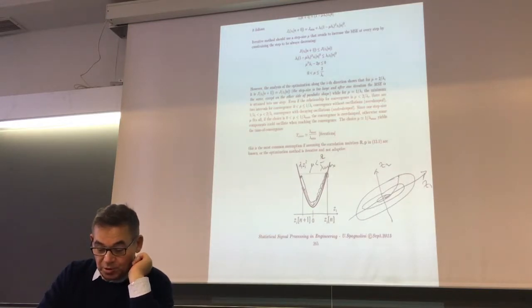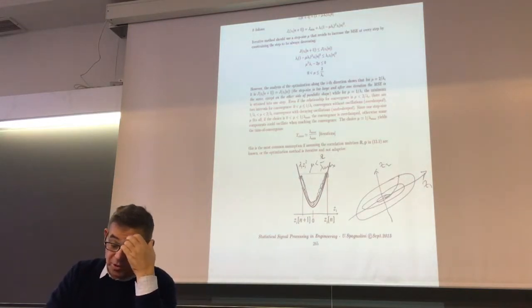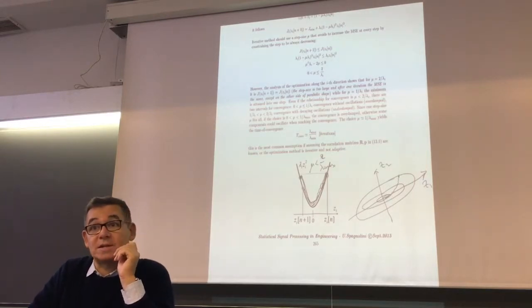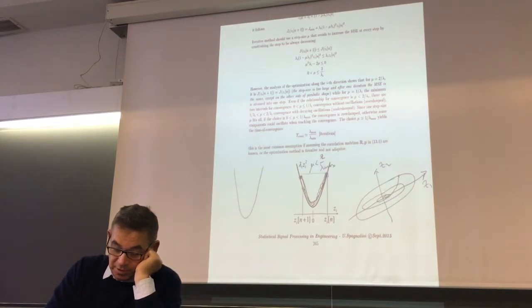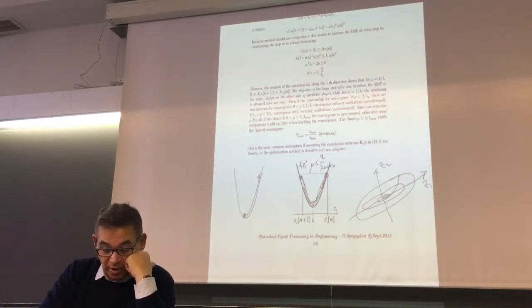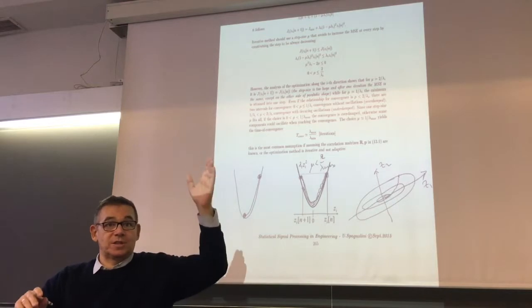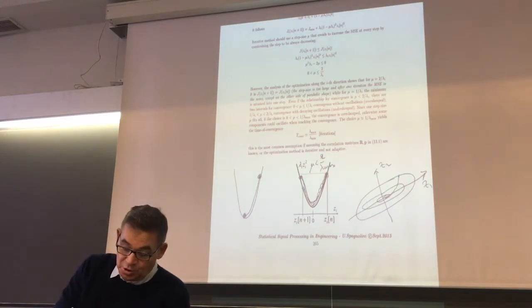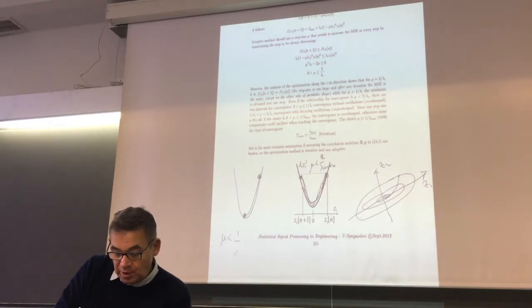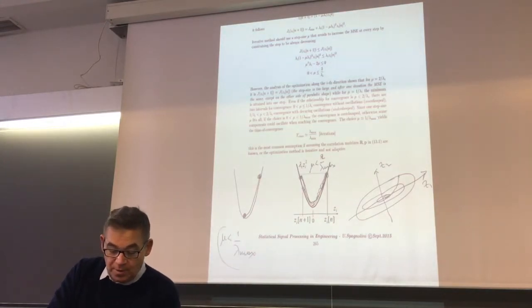But if I don't want to go to the other side, but want to go possibly to the minimum, possibly in one step, I start from here and I want to go there, or I start from here but I don't want to rebound on the other side. So if you want to prevent convergence with fluctuations, the choice is half of the previous one: mu is smaller than 1 over lambda max. 1 over lambda max is a convergence without fluctuations.